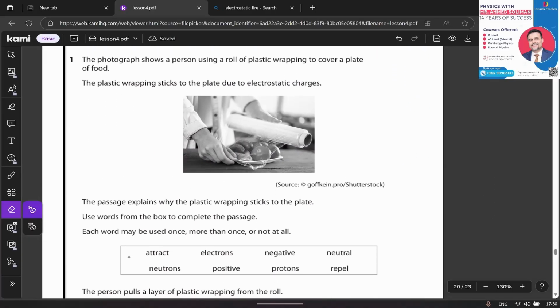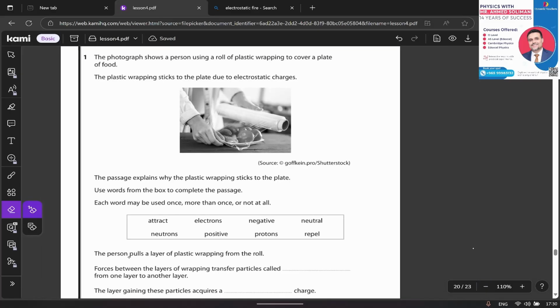Now, this question is for you. The photograph shows a person using a roll of plastic wrapping to cover a plate of food. The plastic wrapping sticks to the plate due to electrostatic charges. The passage explains why the plastic wrapping sticks to the plate. Use words from the box to complete the passage.